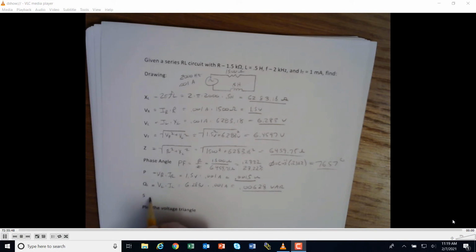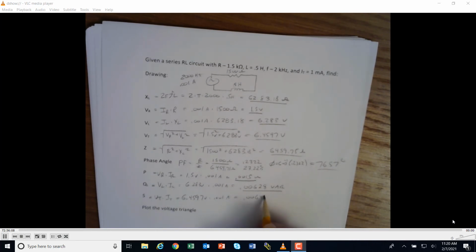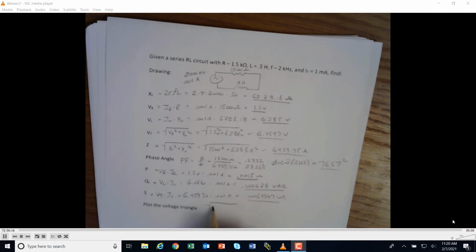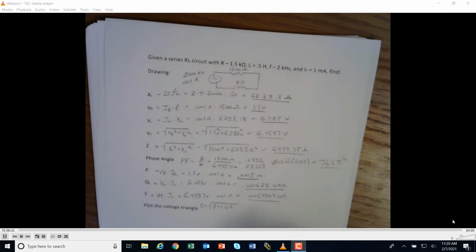And then we have our S, which is our total voltage times our total current, which is going to be 6.4597 volts times 0.001 amps, and that is 0.0064597 VA. And the other way we could have done this is we could have taken the square root of P squared plus Q squared to give us our S. Okay, and let's just do another little check that I like to do.